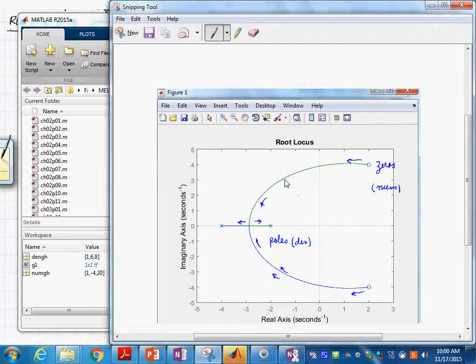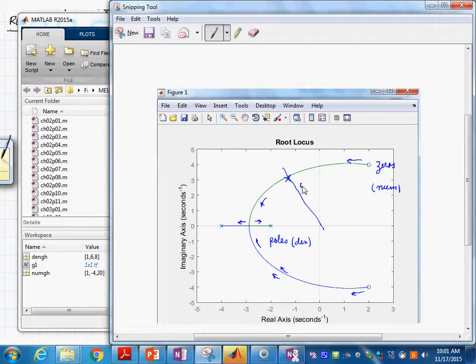Like if you have a root here and you draw a line from here to the origin, it's a little bit crooked, but it's supposed to be a straight line. Now let's just do a little better job, okay? So that way, okay.